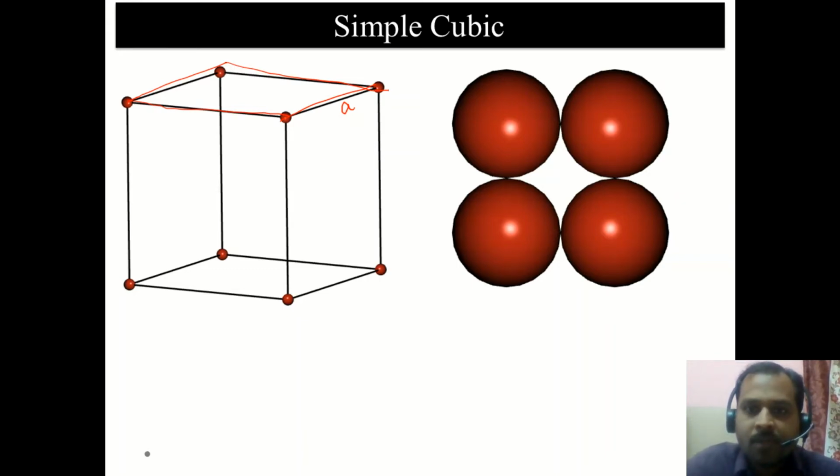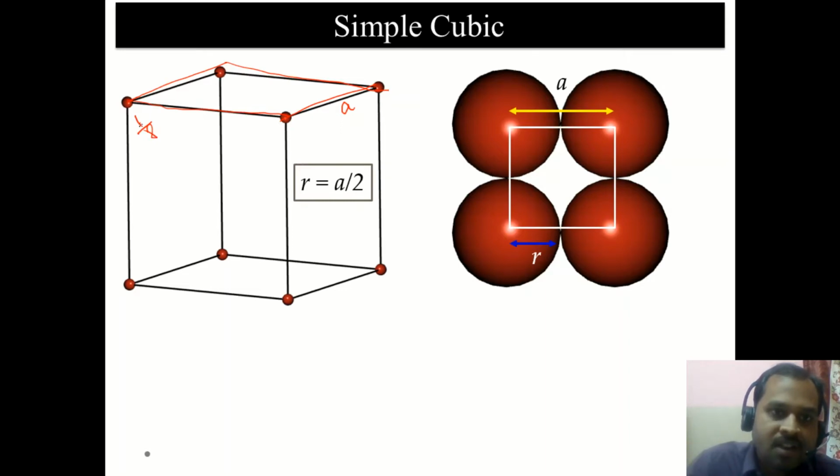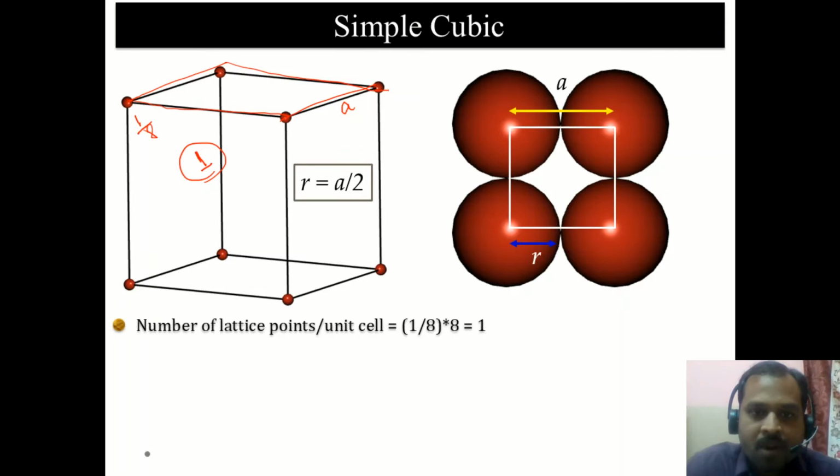If R is the radius of the atom, we can find a relation between R and A. In this case, R is simply equal to A by 2, and in the simple cubic unit cell each lattice point contributes 1 by 8 to this unit cell. So it contains only one lattice point. The number of lattice points per unit cell is 1 in this case.